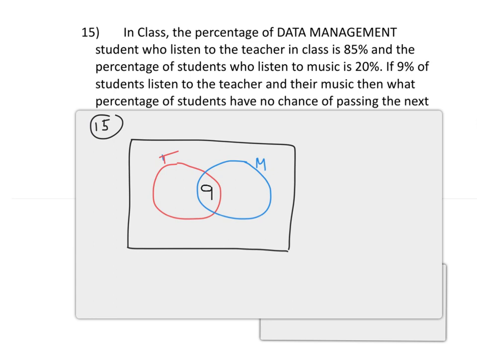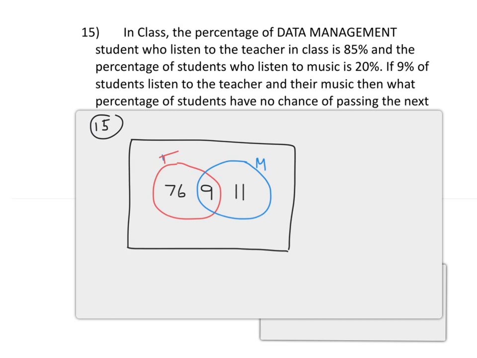And the percentage that listen to teacher is 85. So we do 85 minus 9, we'll get 76 who listen to teacher without the music. 20% listen to music, but 9 of them listen to the teacher as well, so it's just 11 listen to music.